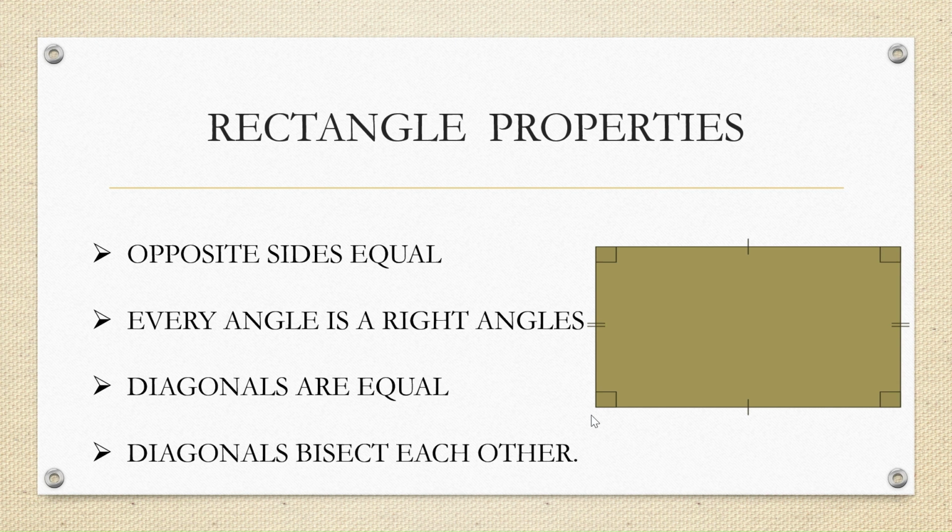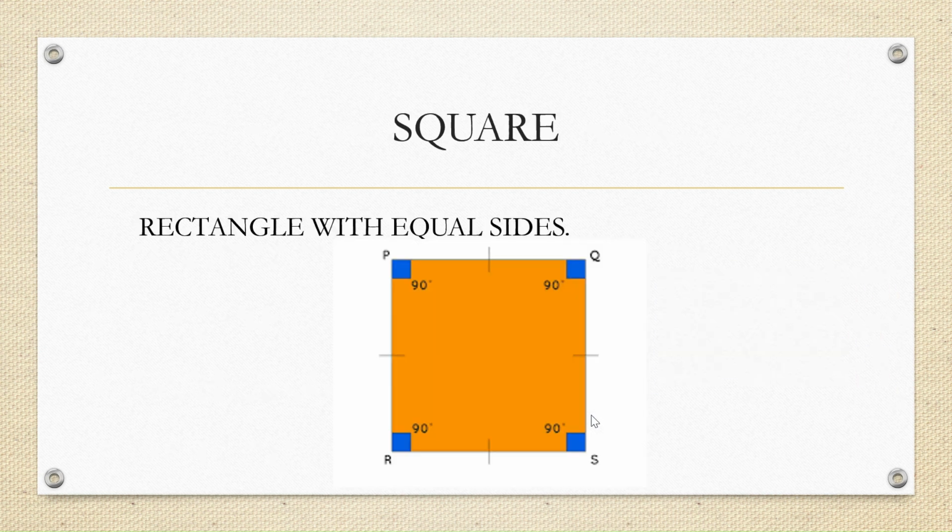Here, as a rectangle is a parallelogram with equal angles, say every angle is x. So 4 angles, 4x. We know that the sum of interior angles in a quadrilateral is 360. 4x equals 360. x is equal to 360 by 4, nothing but 90. So in a rectangle, all angles would be right angles.